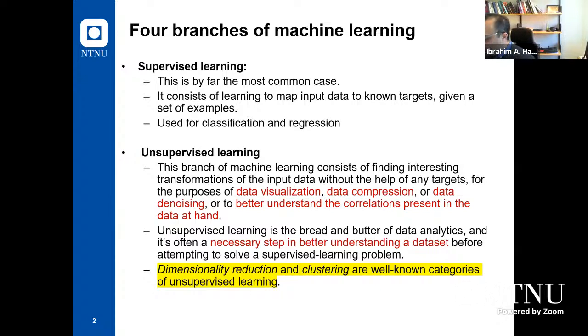Then we have unsupervised learning. This is a branch of machine learning which consists of finding interesting transformations of input data without the help of any targets. We don't have any targets. It can be used for data visualization and for data compression, because when we use an autoencoder or principal component analysis, we compress data, right?